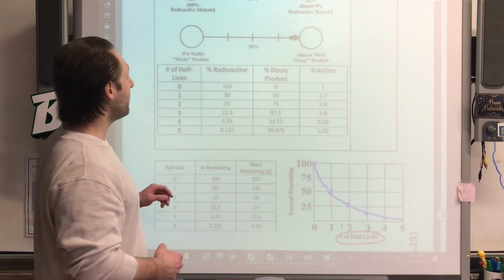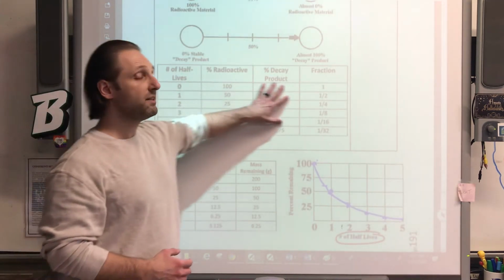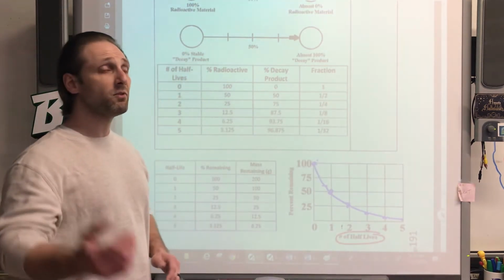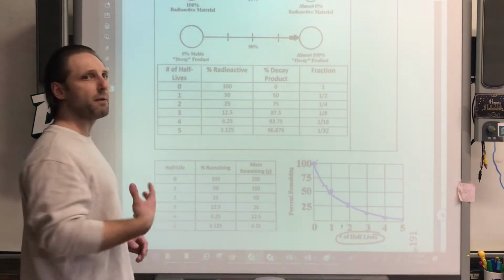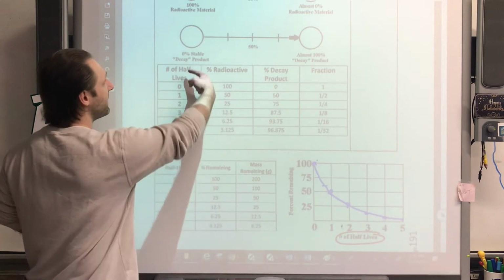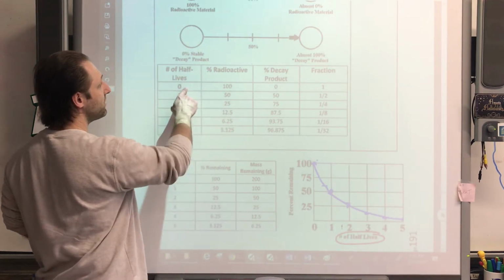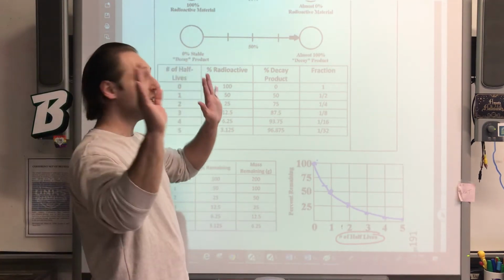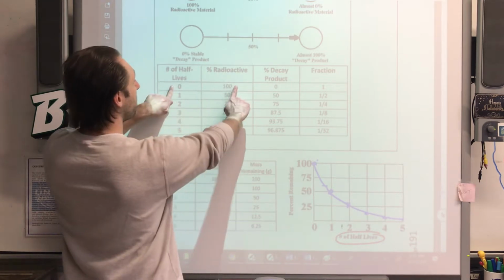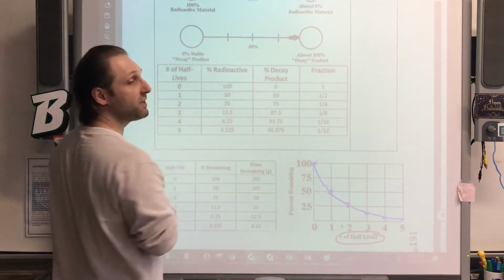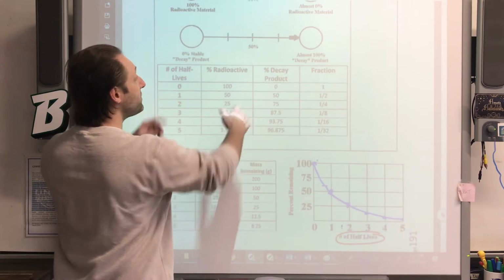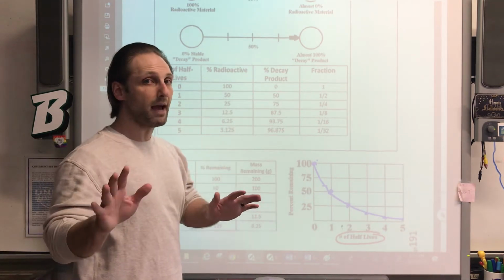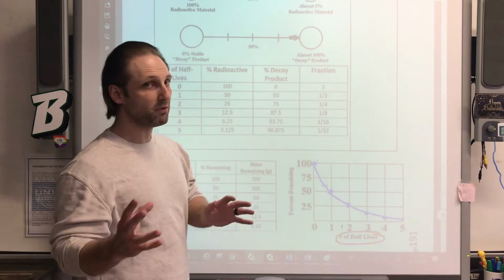Okay. So if we take a look here, I've broken it down. This looks awfully complicated. Let me run through it rather quickly and make it a bit easier for you to digest. So we've got number of half-lives. Here we start at 0. 100% radioactive material right there. So we're at 0 half-lives. 100% material, all radioactive. Our first half-life, which in this case we don't know the amount of time yet, we're just purely talking in number of half-lives.